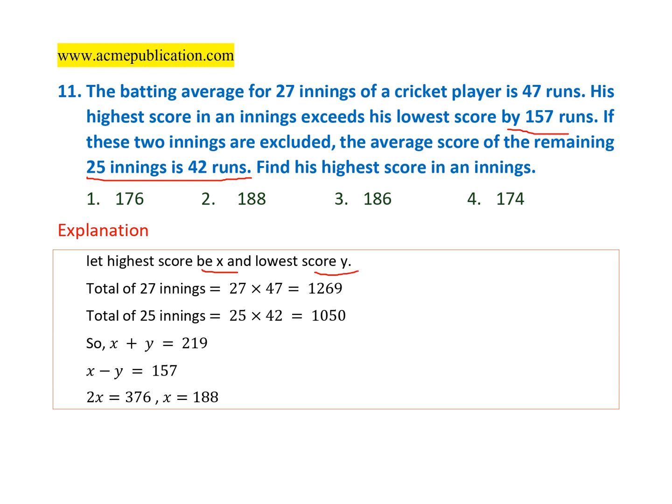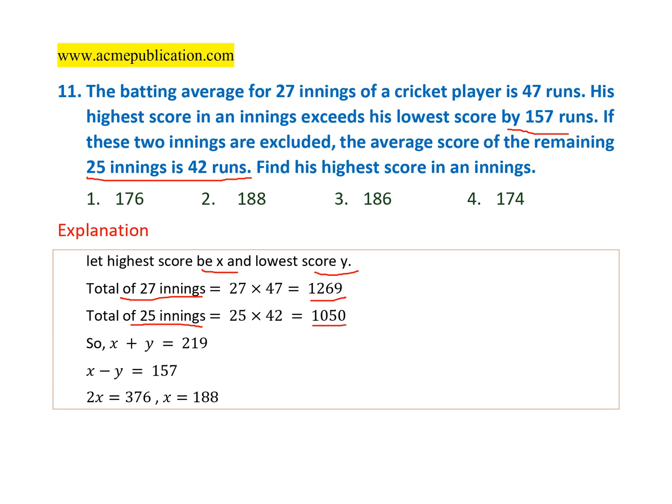Now we will find the total of 27 innings, and that is 1269, and the total of 25 innings is 1050.